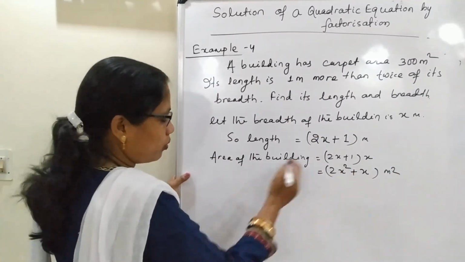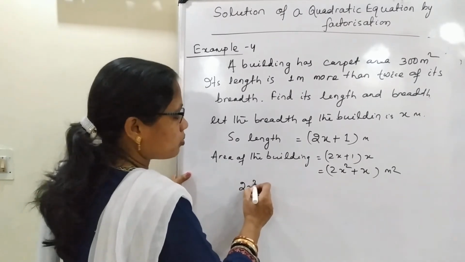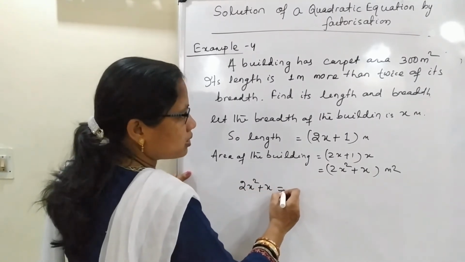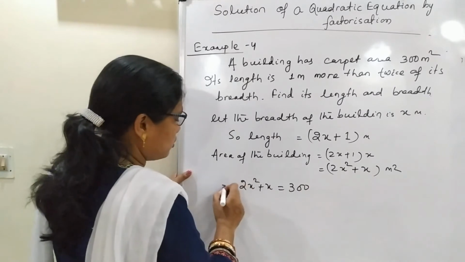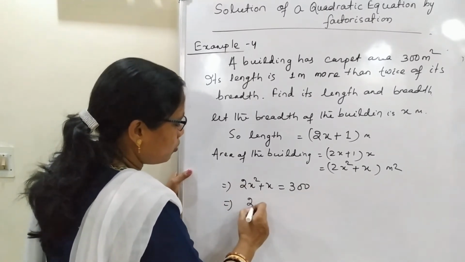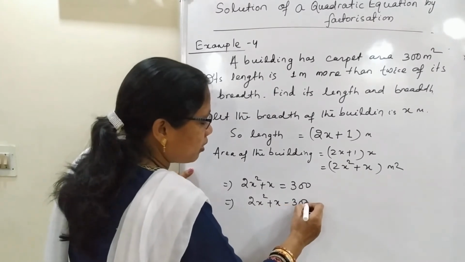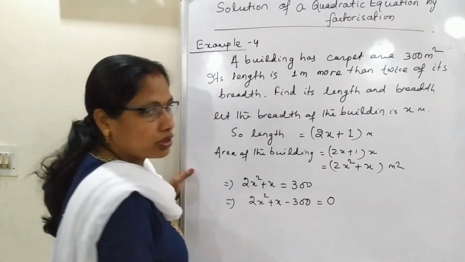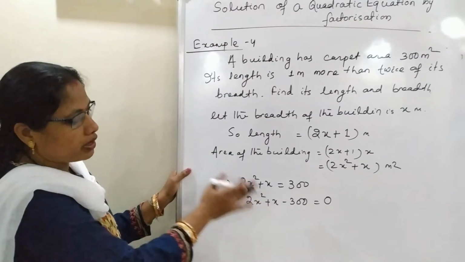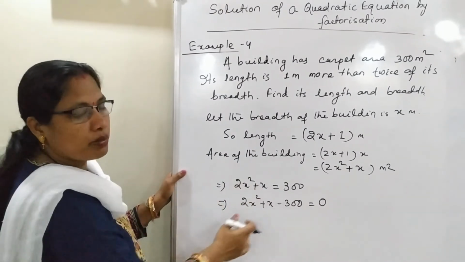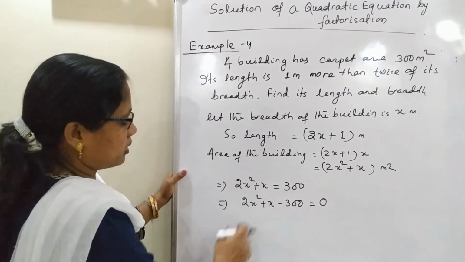So we have to equate 2x square plus x is equal to 300. So 2x square plus x minus 300 is equal to 0. So here we got the quadratic equation. Then we will solve it by splitting the middle term x.